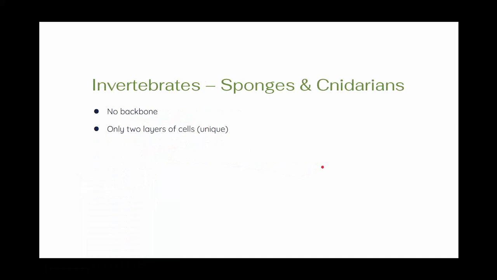Invertebrates. Sponges and cnidarians. Sponges have asymmetrical bodies, of course. They have specialized cells that filter feed by circulating water. Cnidarians, on the other hand, are like jellyfish and corals.